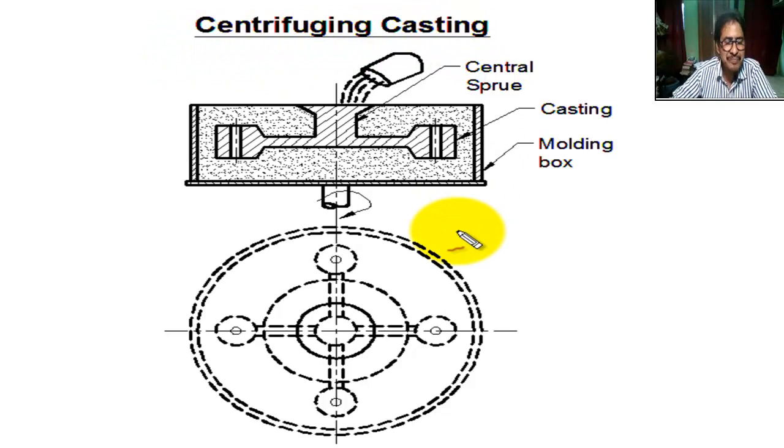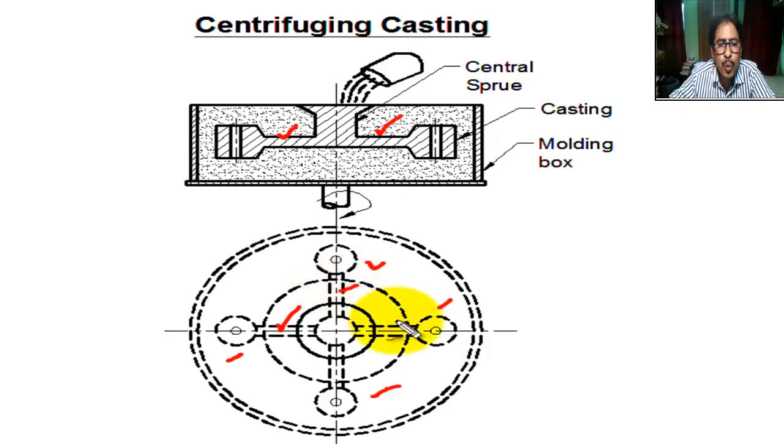So, in centrifuging casting, in this process, a number of small mold cavities are made symmetrically around a common central spool, and the metal is fed to the mold cavity by a radial gate.